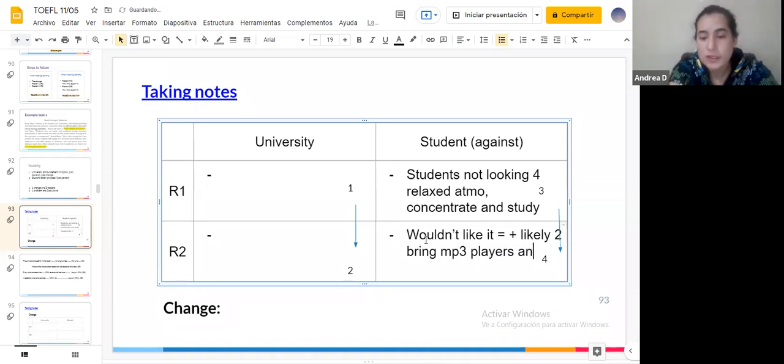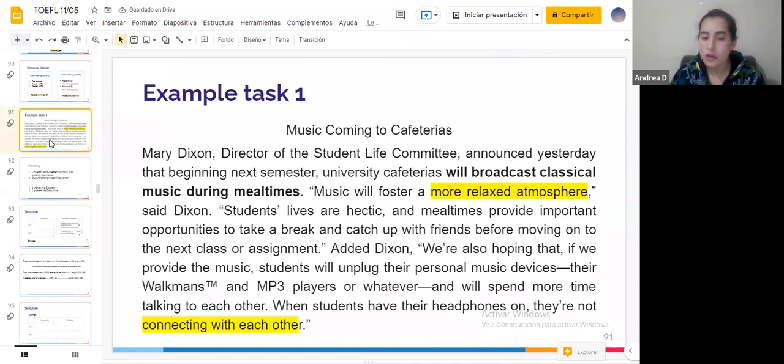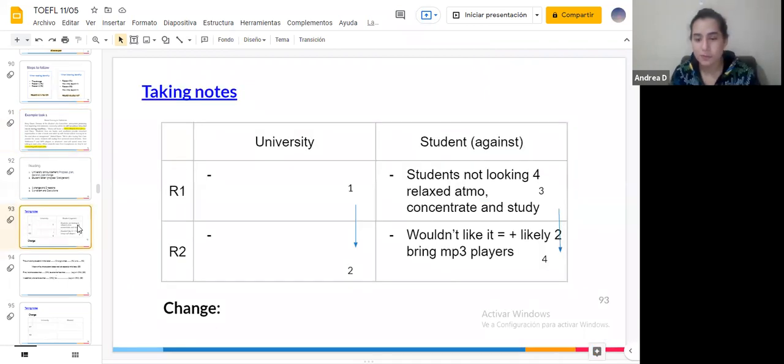And obviously they're not going to achieve the university's goal, right? Because if the university wants them to connect more with each other, they're going to do the exact opposite. They're more likely to bring their MP3 players or iPads, whatever they have, and they're going to block out the music, and they're not going to be connecting with each other. They're basically going to stop talking.